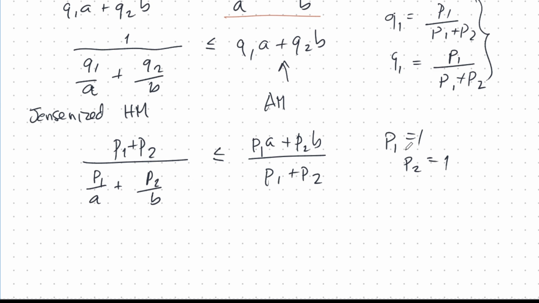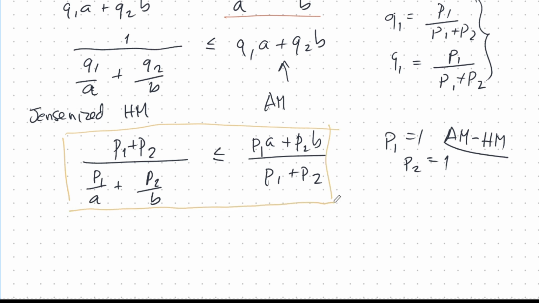If I take these two, I get back exactly the HM inequality. But I got plenty more inequalities just by plugging in p1 and p2 being anything I want. Okay, so it's very beautiful. What a beautiful derivation of the Jensenized version of HM.